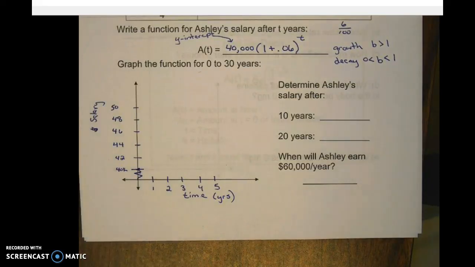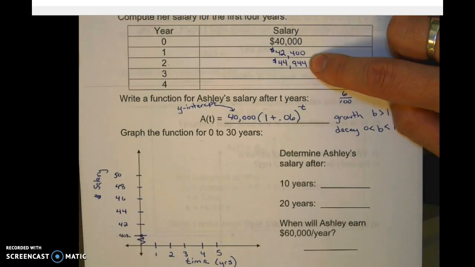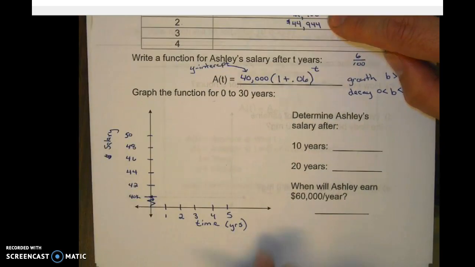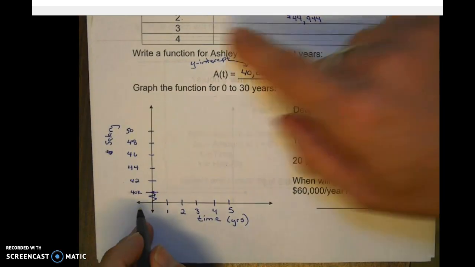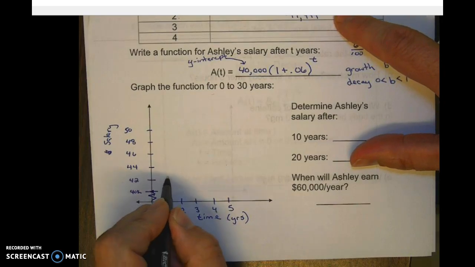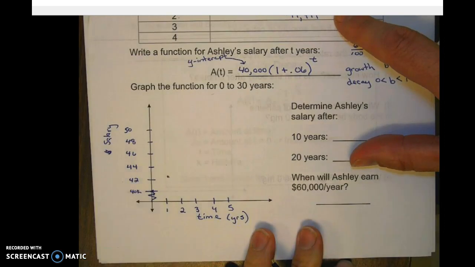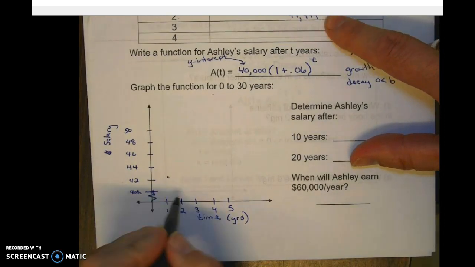Okay, so continuing where we left off, at 2 years, we were at $44,944 in our table. So plotting these points, we're going to go ahead and plot 1 year. So at 1 year, we're a little over 42,000. 2 years.